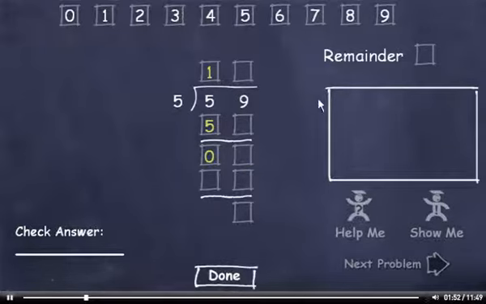Bring down the 9. 5 goes into 9 one time. 1 times 5 is 5. 9 minus 5 is 4. Four goes in the remainder box. The answer is 11, remainder 4. Now I'll click the Done button and move on to the next problem.